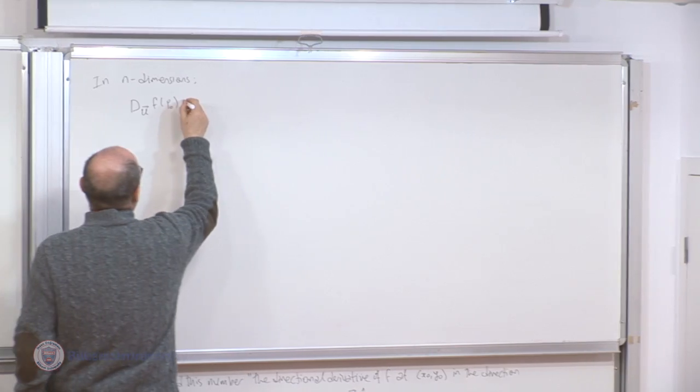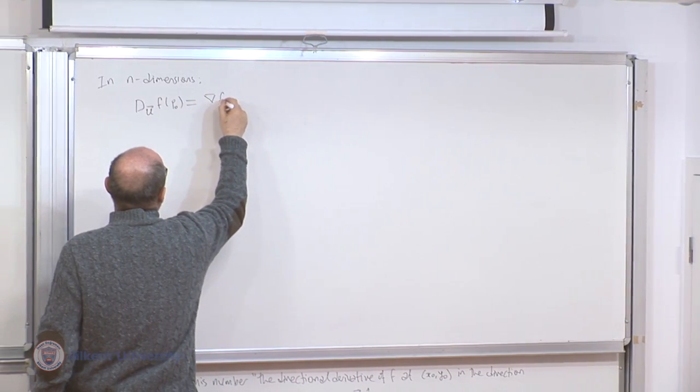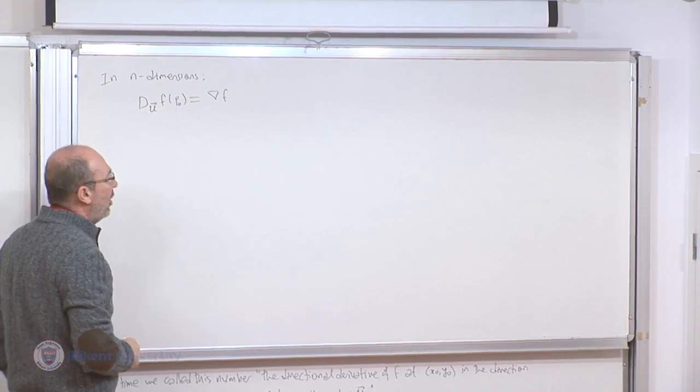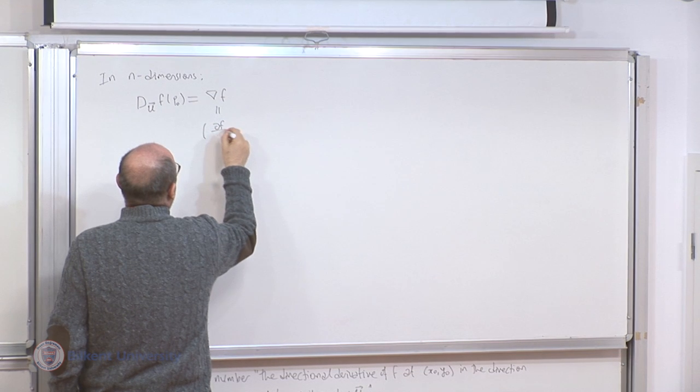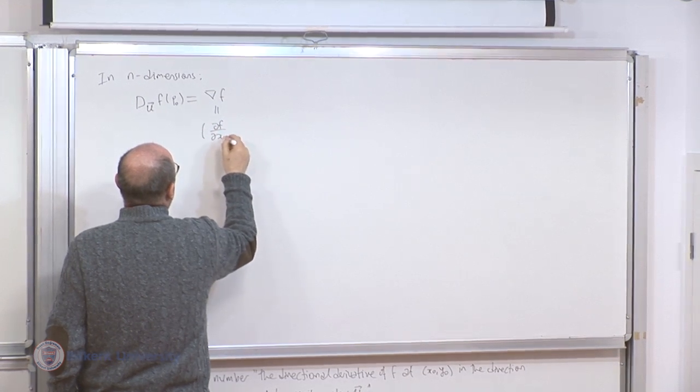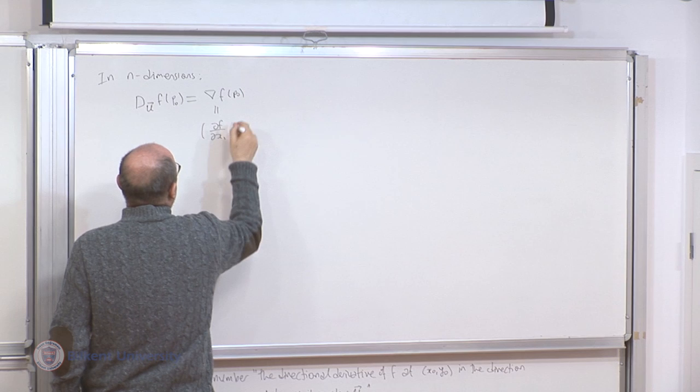So this is defined as the gradient of f. So we know what the gradient of f is. Let me remind you what this is: a vector, the derivative of f with respect to x1, and I'll evaluate it at p sub 0.